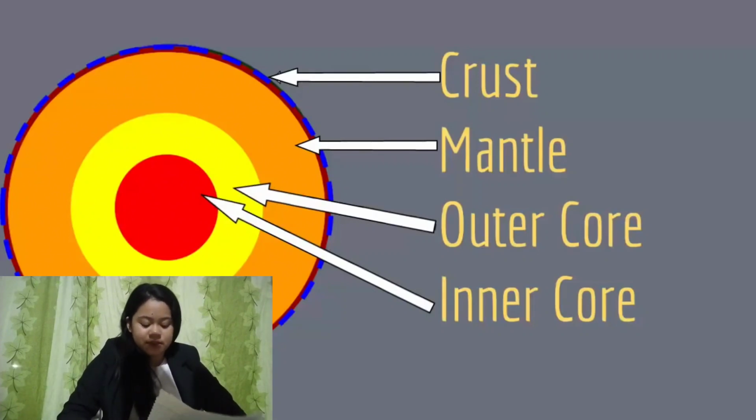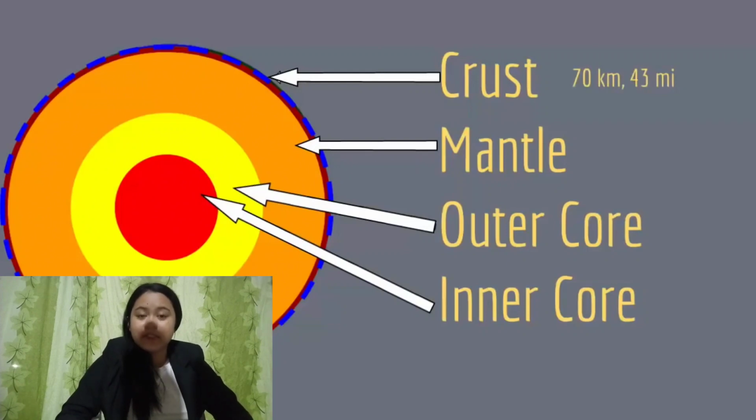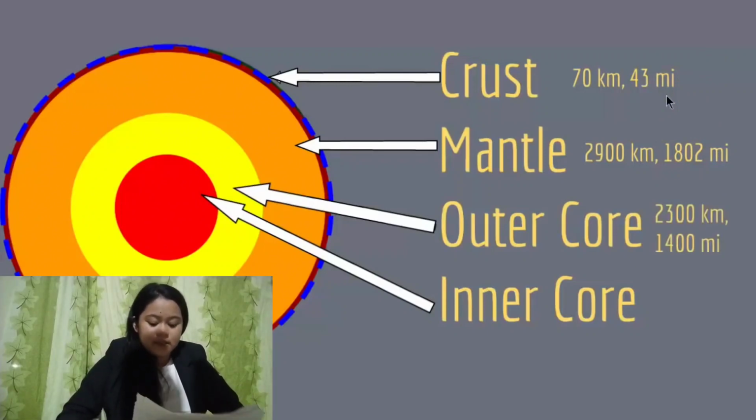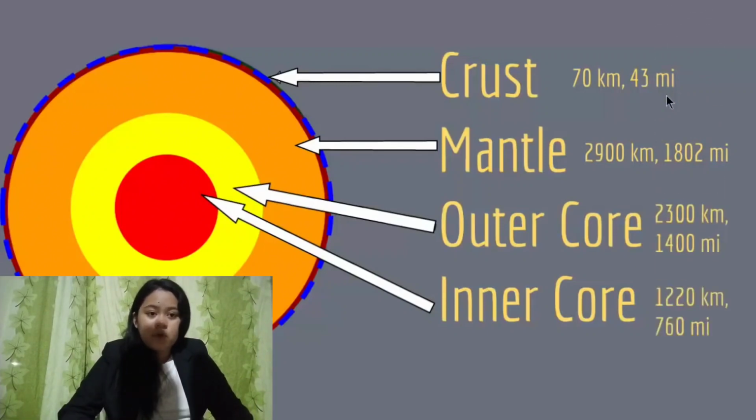So the crust is about 70 kilometers thick, which is equivalent to 43 miles. The mantle is about 2,900 kilometers thick. The outer core is about 2,300 kilometers thick, and the inner core is about 12 to 20 kilometers thick.